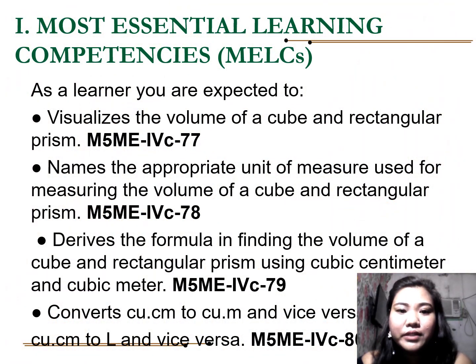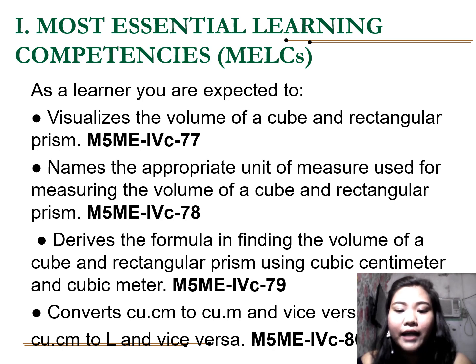This is the most essential learning competency called MELCs. As a learner, you are expected to visualize the volume of a cube and a rectangular prism. Name the appropriate unit of measure used in measuring the volume of a cube and a rectangular prism.